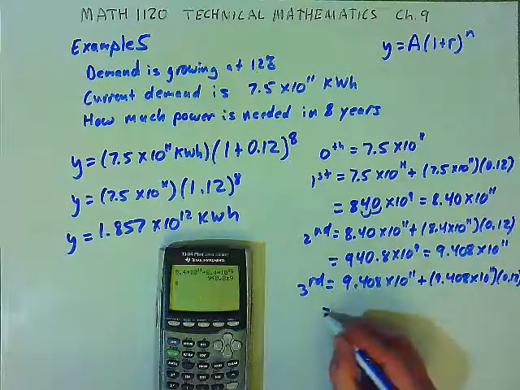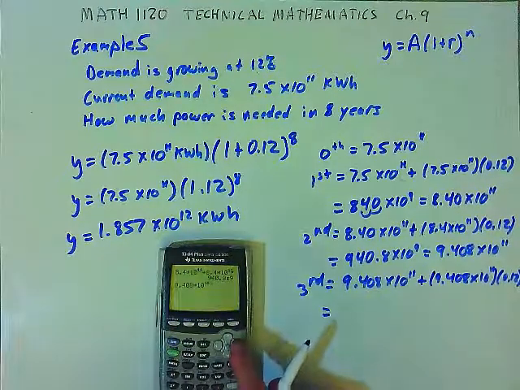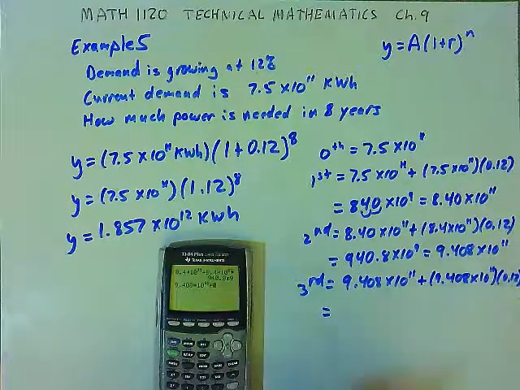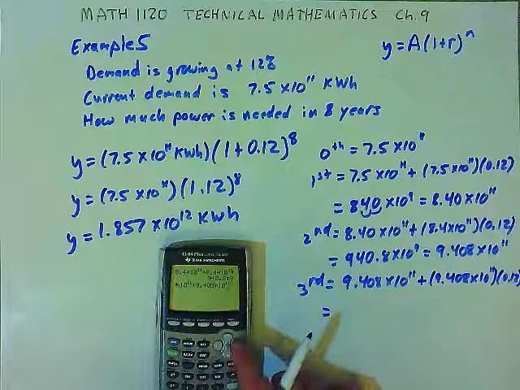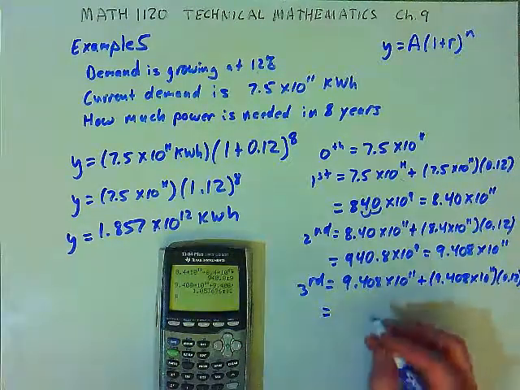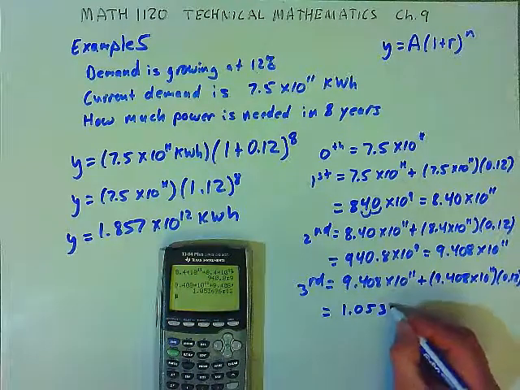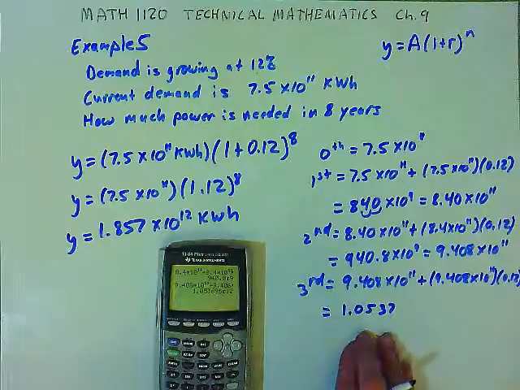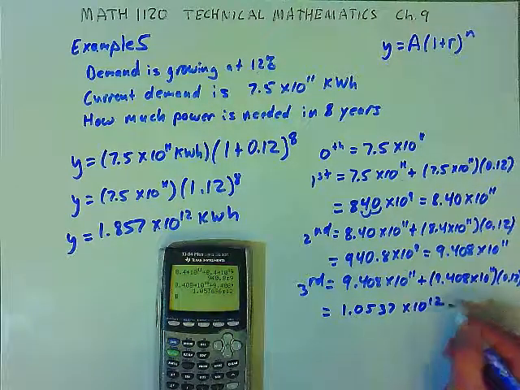And so on the third year, we're going to use 9.408 times 10 to the 11th plus another 12% of that, I need 12 more percent of that. And so on the third year, we're going to be using 1.0537, that's good enough, I'm rounding that off, times 10 to the 12th.